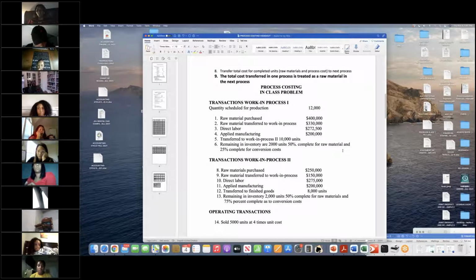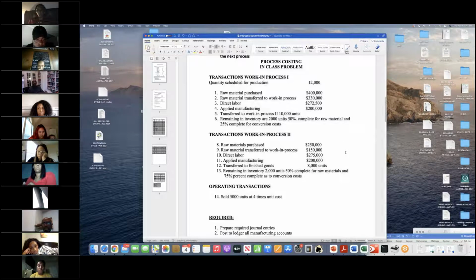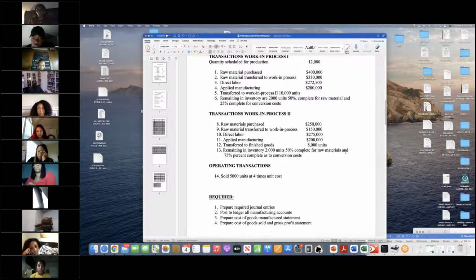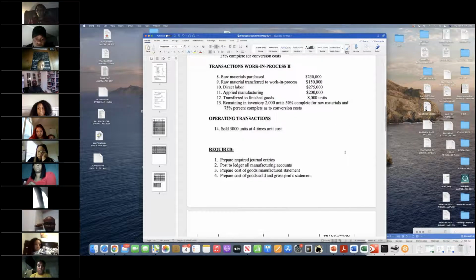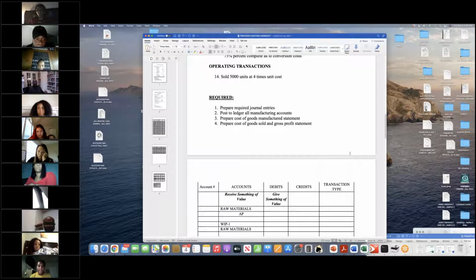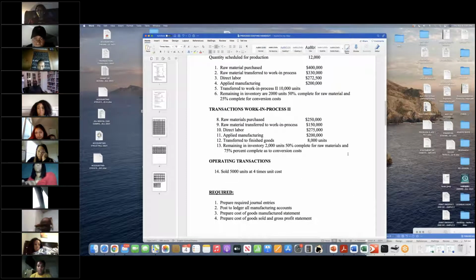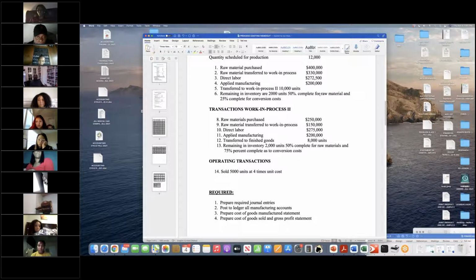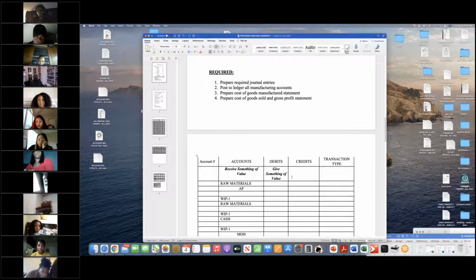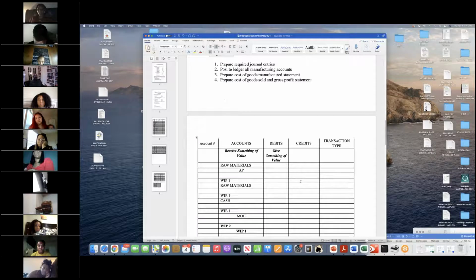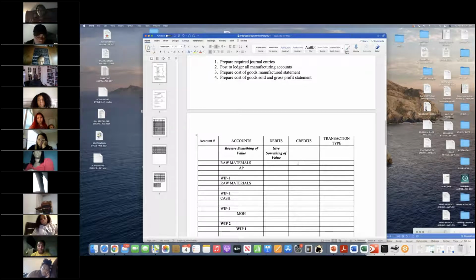So does everyone have those 4 journal entries made and posted to the ledger? So you would have bought 400,000 worth of raw materials.